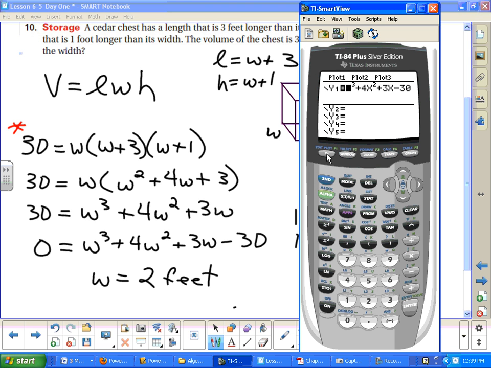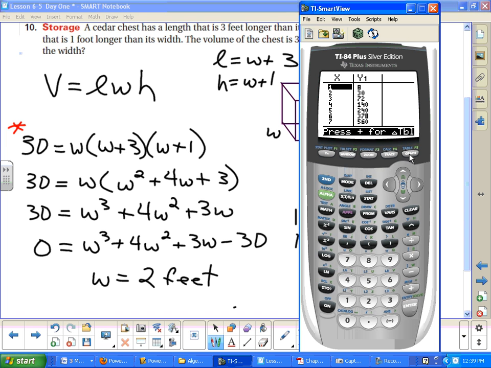If instead I use the factored form, so I put x times x plus 3 times x plus 1, and now I just want to know when it equals 30, right? Okay. So if I go to my table, I can see that it equals 30 when x is 2. So I could have found the answer back there.